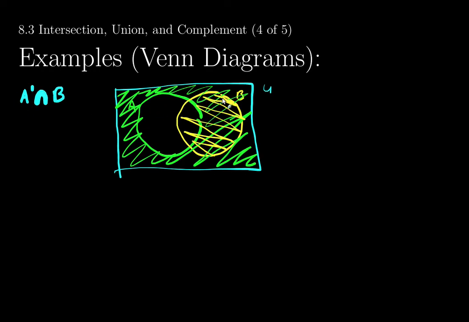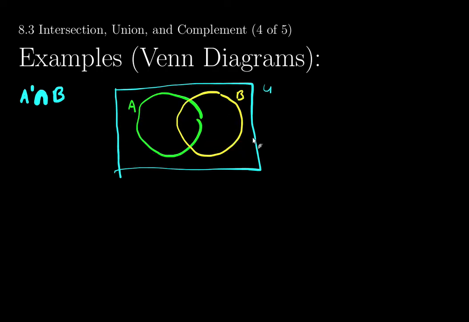So where it's both is most of this yellow circle, but not this football-shaped area that just has the yellow. So the intersection of the complement of A and B is this section of the Venn diagram right here.